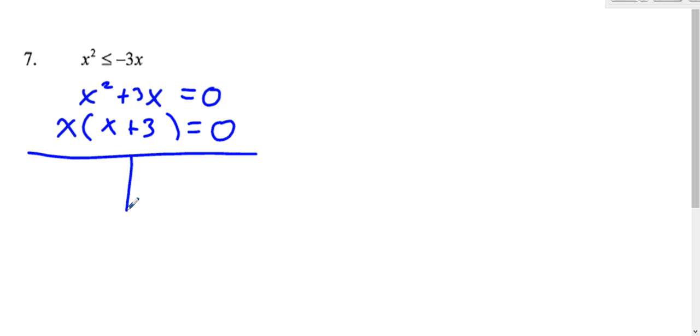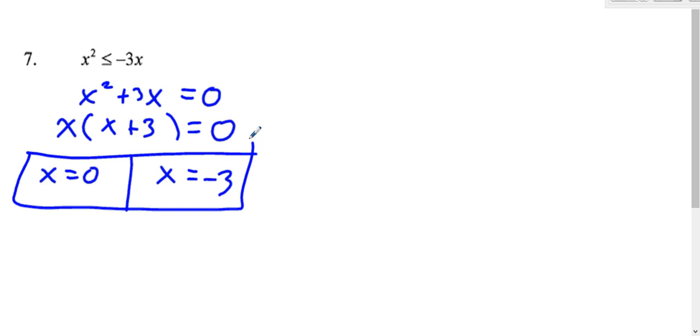And then solve each piece. You get x equals 0. And you get x plus 3 equals 0, so x equals -3. Those are called critical numbers. Sometimes those will be called critical numbers, or solutions to critical numbers. That vocab word is used later.